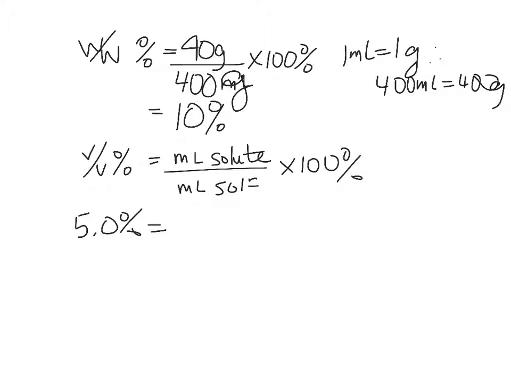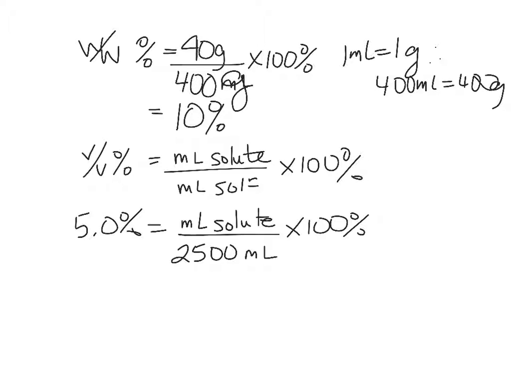We want to figure out the milliliters of acetic acid. We know we've got 2.5 liters, so we've got 2,500 milliliters times 100%.